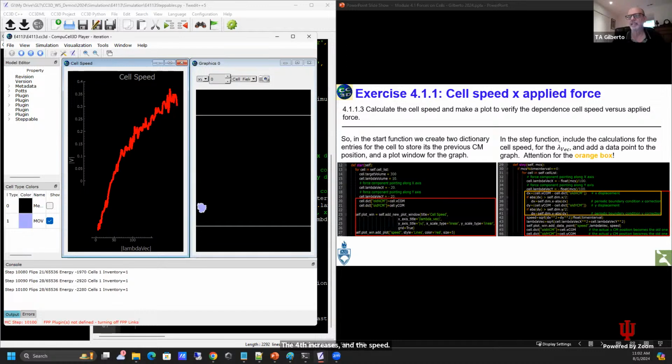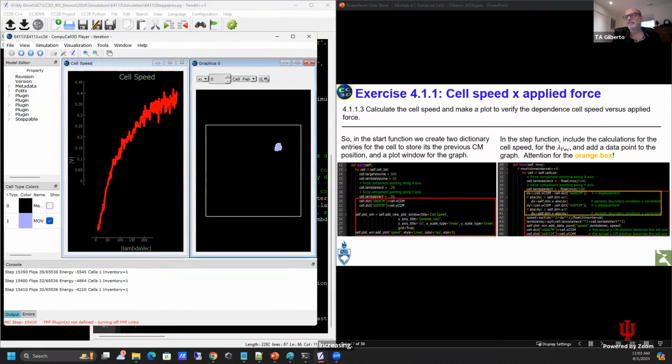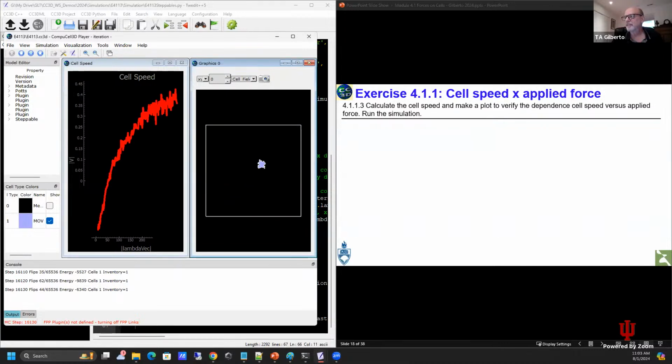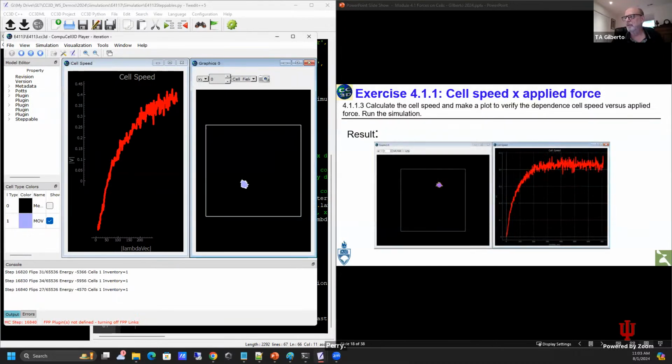The speed is attaining a constant value, even with the force increasing. Okay? So this is what we're going to have at the end after a long time of simulation. The cell goes to a constant value, no matter what force is being applied to the cell.